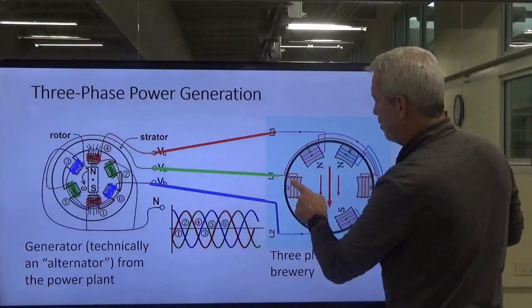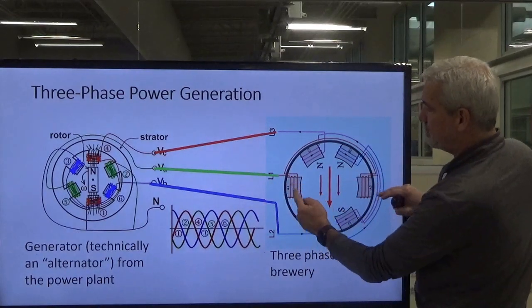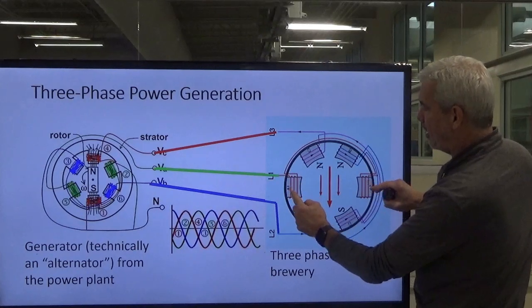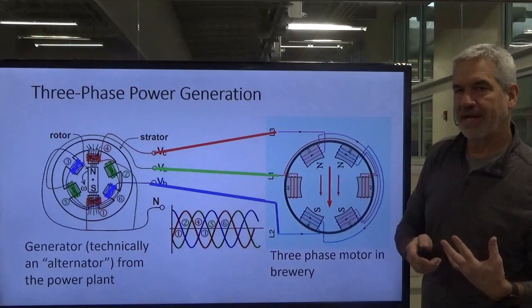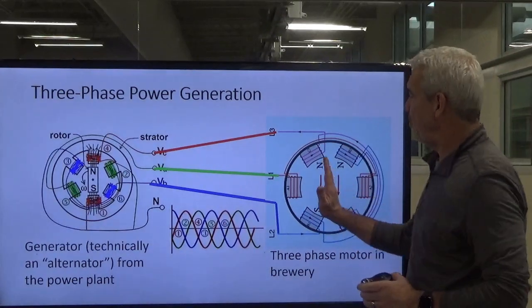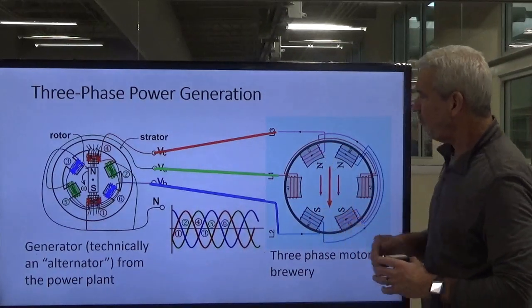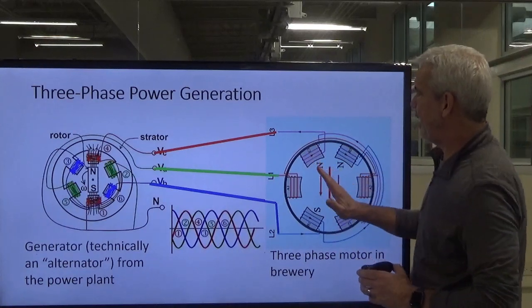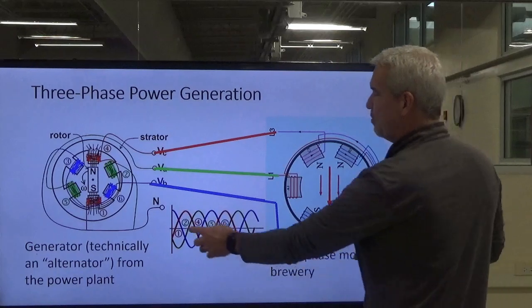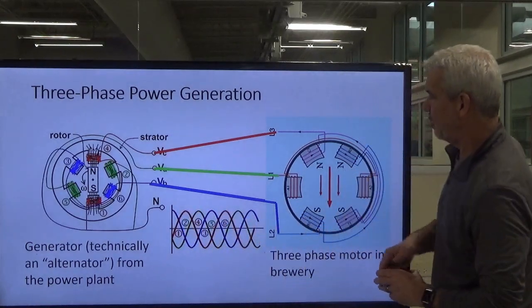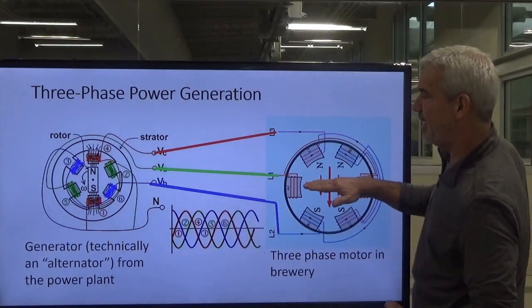This phase will magnetize this coil of wire and this coil of wire, and then this phase will magnetize this coil, and these coils create magnetic fields, and we have a rotor in the middle of it, okay, and it wants to align itself with a magnetic field, all right? Well, if the red magnetic field is strongest, then that rotor is going to align itself with that.